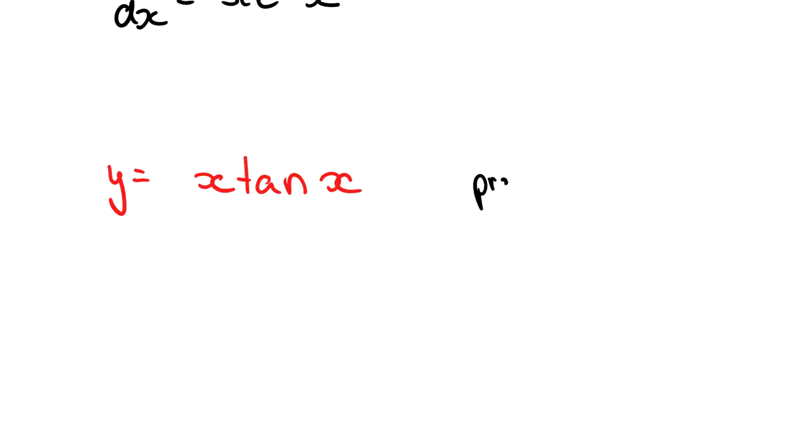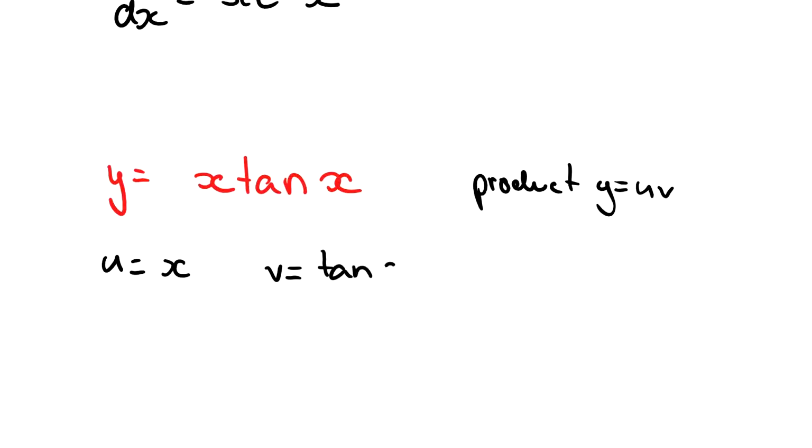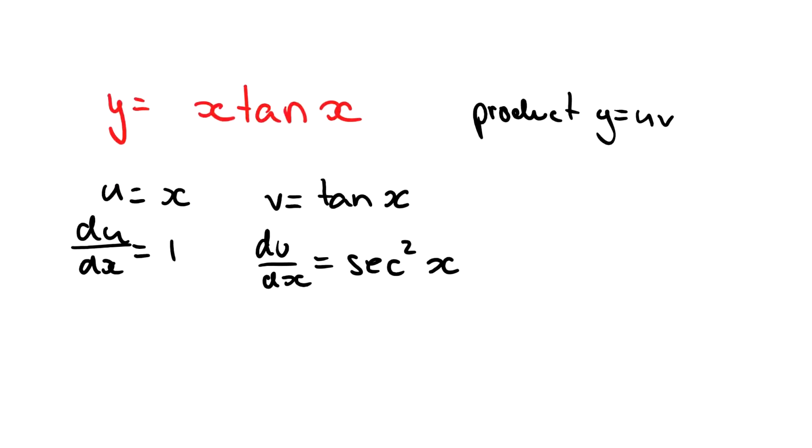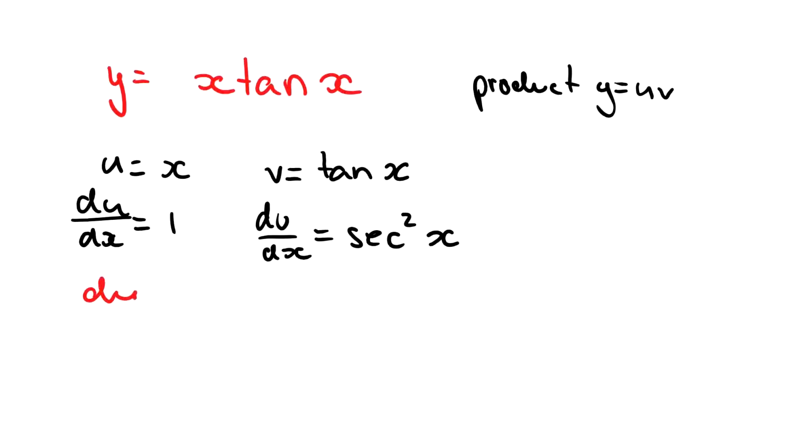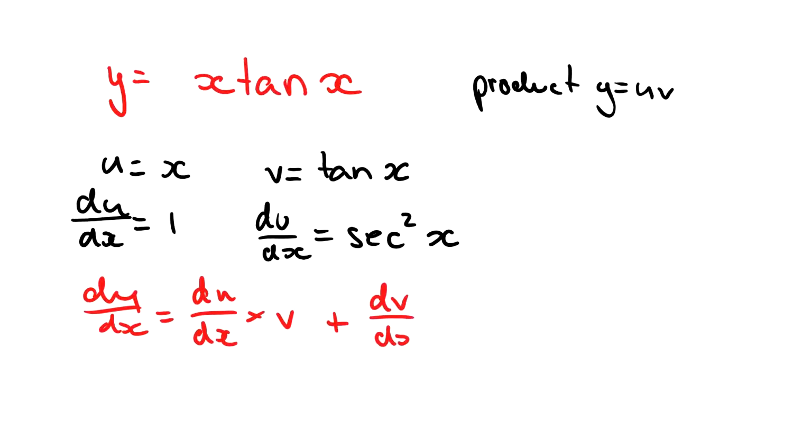Now remember, your product rule always takes the form of y equals uv, and in our case, our u is going to be x, our v is going to be tan x. du dx becomes 1, dv dx becomes sec squared x, and the product rule states that dy dx equals du dx multiplied by v plus dv dx multiplied by u.